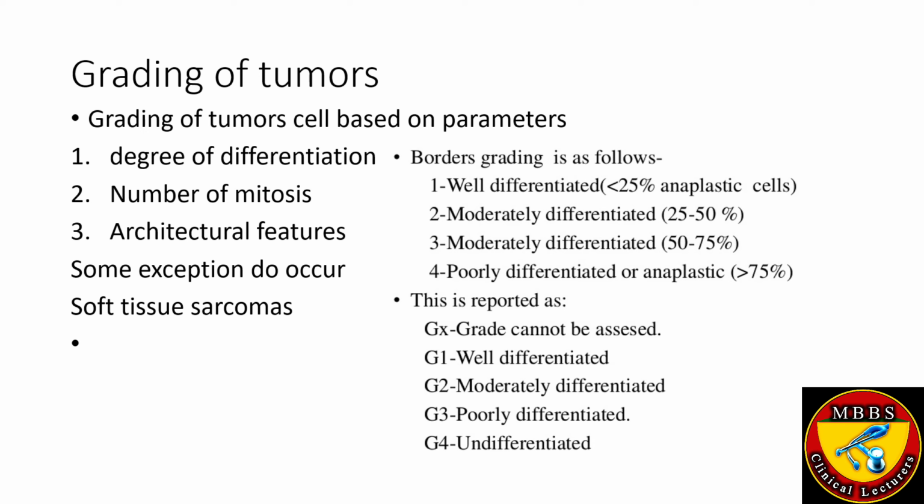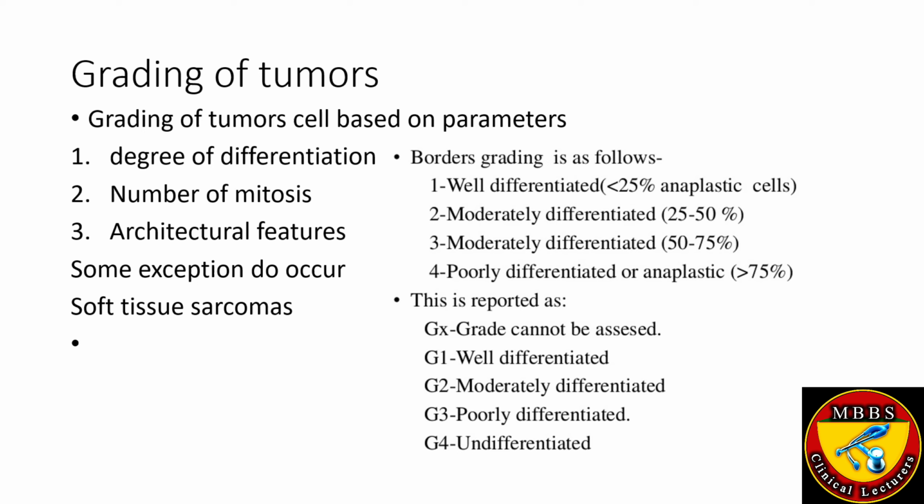These are the parameters which are applicable in most epithelial tumors. But there are some exceptions when we grade or classify the soft tissue tumors. These are mostly the sarcomas. We have difficulties in grading these tumors, the sarcomas.